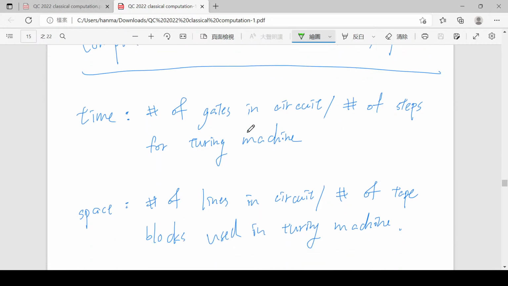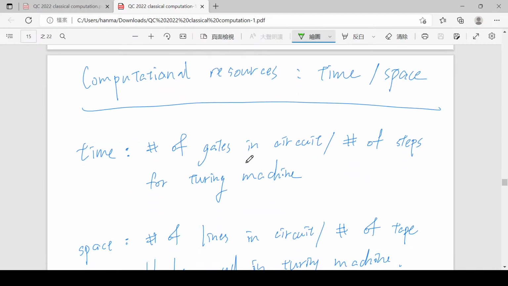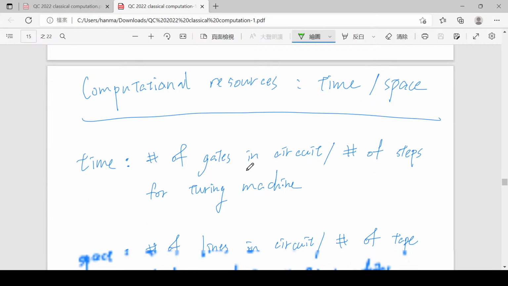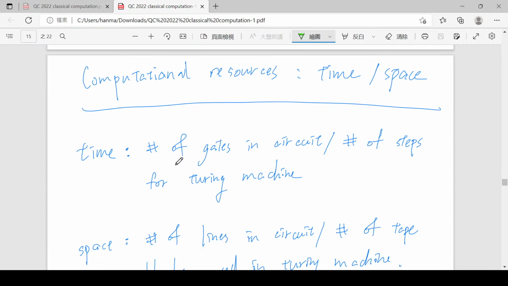when you do computation. And in terms of the model we have introduced in this chapter, the time used can be modeled as the number of gates you put in your circuit, or number of steps in the Turing machine. Number of steps that the Turing machine has run before it halts.